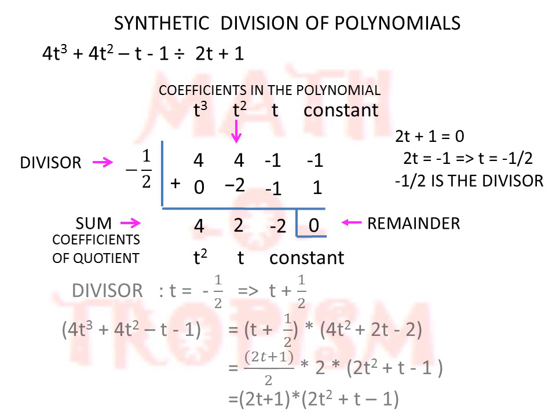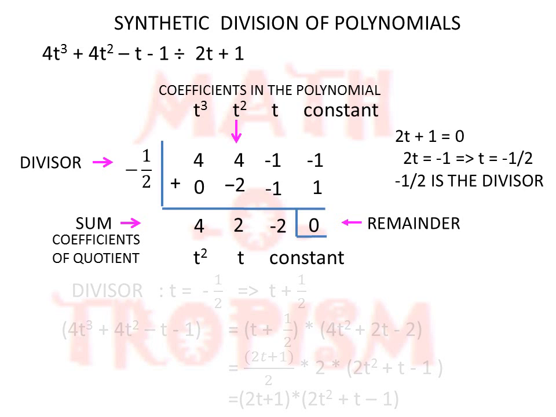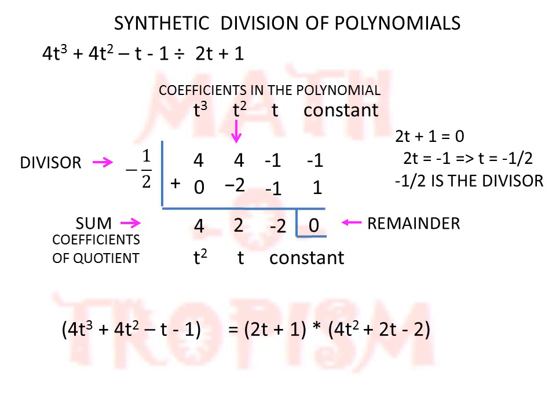So whenever a coefficient is coming next to the x term, then we will write the factor as x minus whatever zero or divisor with which we divided. That is one way. Another easier method is to write it just like we had done previously. So we write 4t cube plus 4t square minus t minus 1 as equal to the given divisor, 2t plus 1 into 4t square plus 2t minus 2.